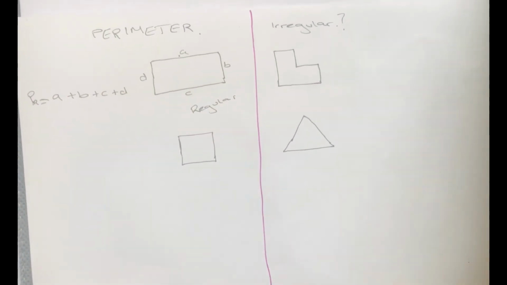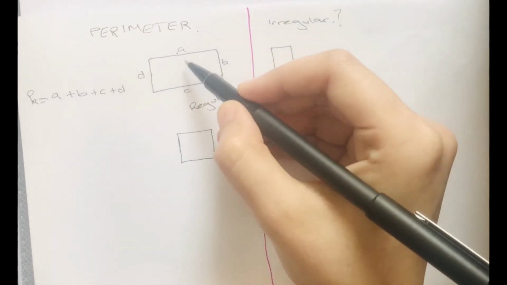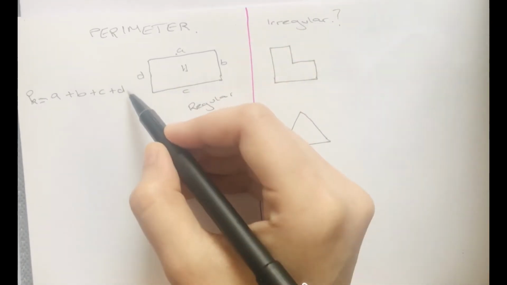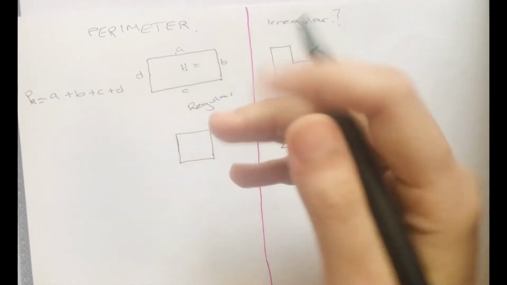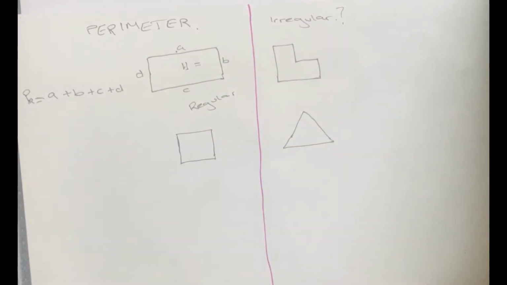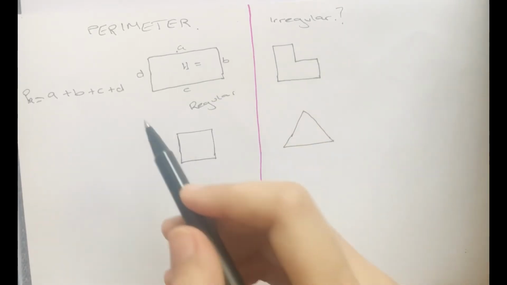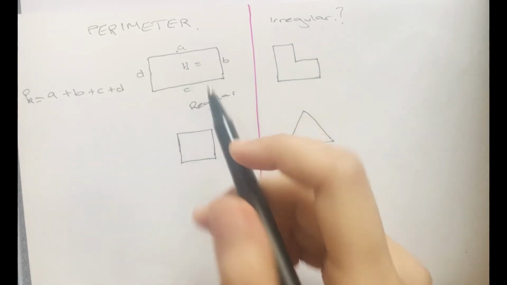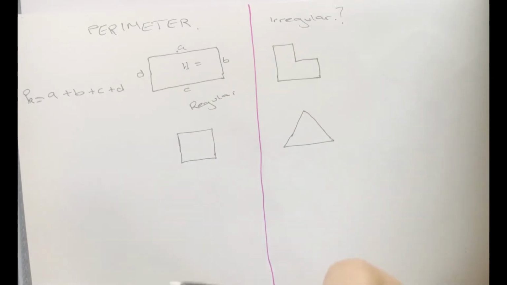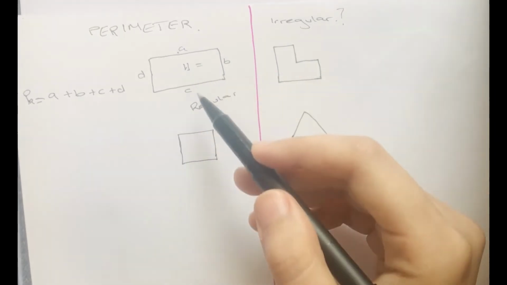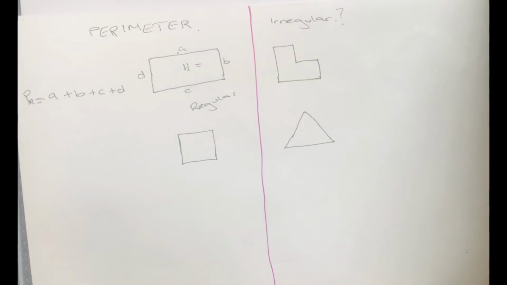But then it's a rectangle, so we know that A is equal to C and D is equal to B, right? Because both the opposite sides of a rectangle are the same size, they're equal. To give them a better name, we can say that A and C are the length of the rectangle, while D and B are the width of the rectangle, right?